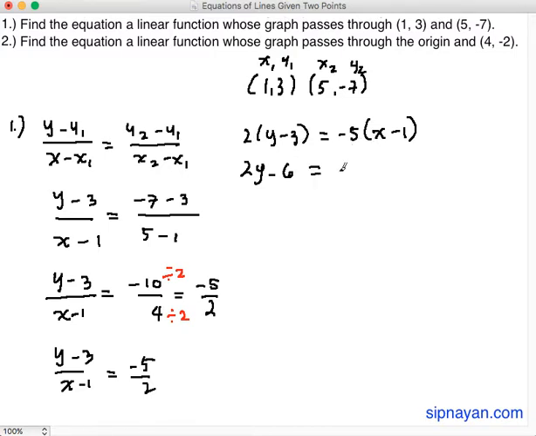Negative 5 times x is negative 5x, and then minus negative 5 times 1 is plus 5. Dalawang minus, no? Minus negative 5 means plus 5. So, magiging 2y minus 6 equals negative 5x plus 5.